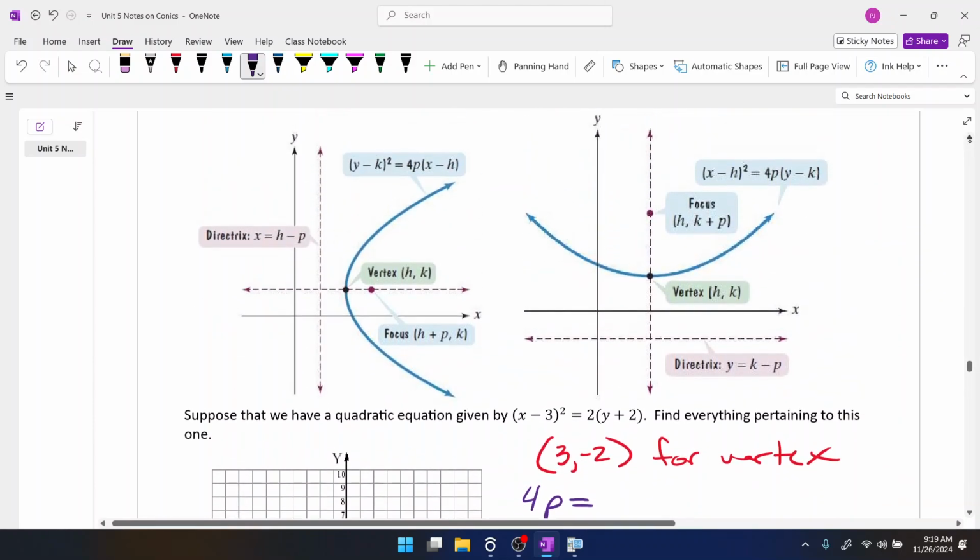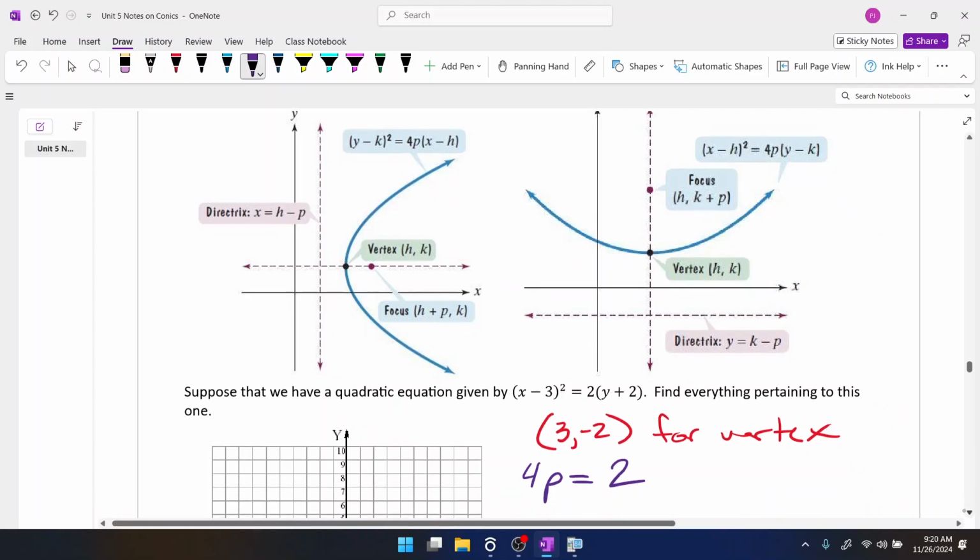All right, so basically you have x minus h quantity squared equal to 4p times this. So 4p is simply going to equal 2. So p is going to be 1/2.